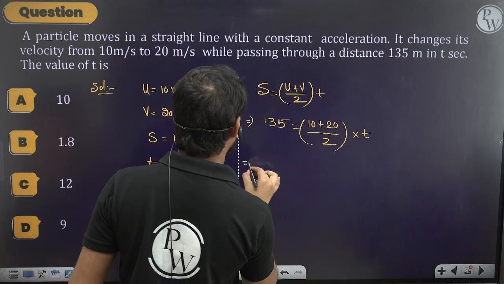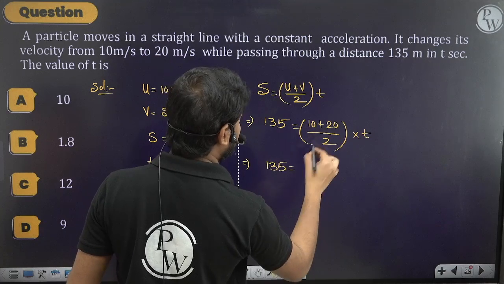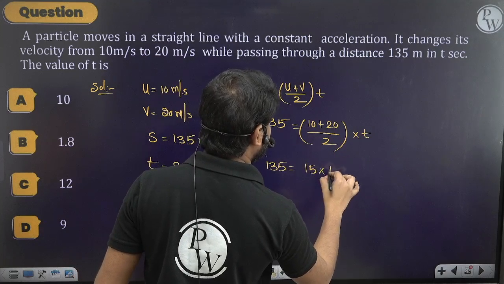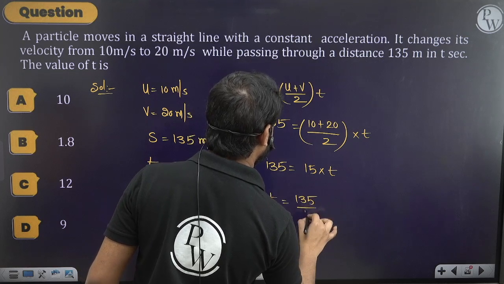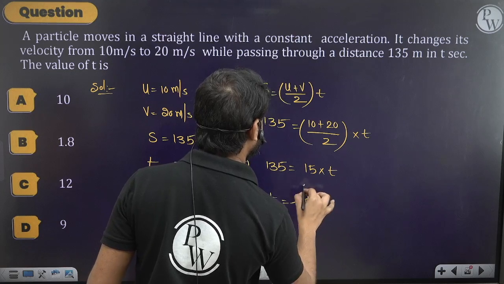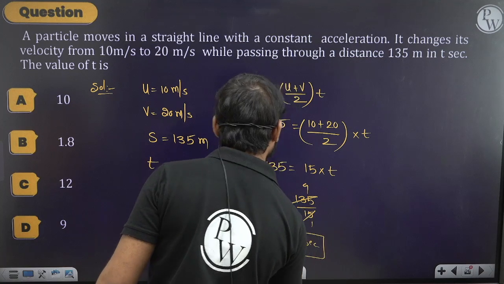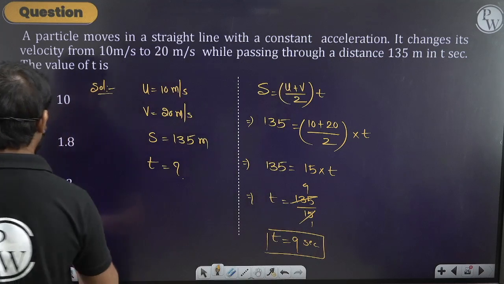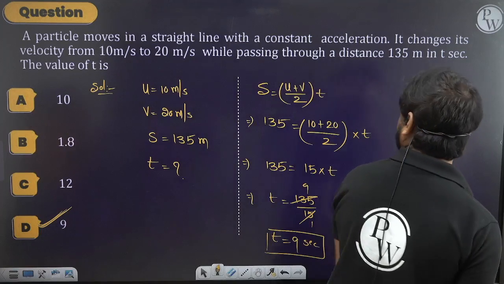So 135 is equal to 30 by 2, which is 15, into t. So t is equal to 135 by 15. 15 ones are 15, 15 nines are 135. So t is equal to 9 seconds. Option D is the correct one, right? Chalo. So next.